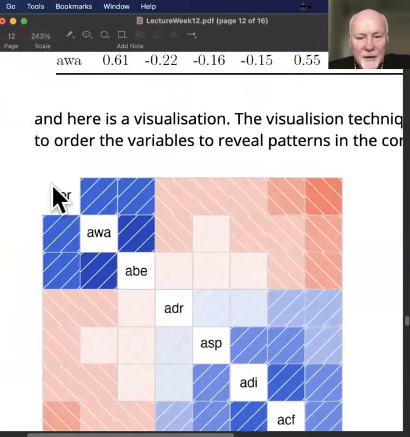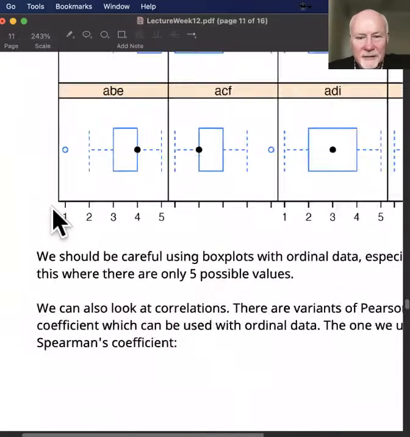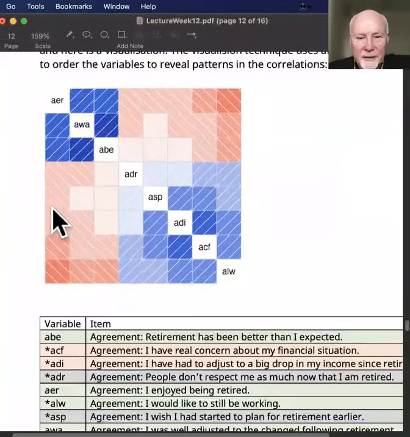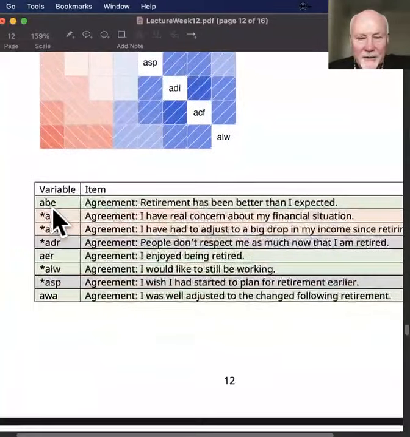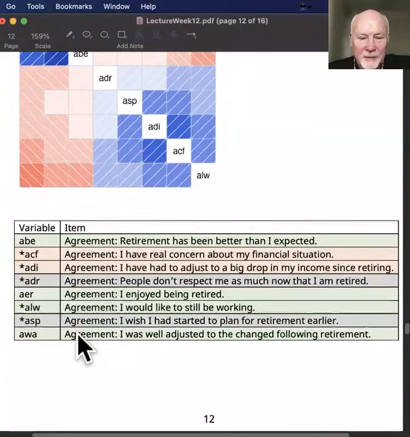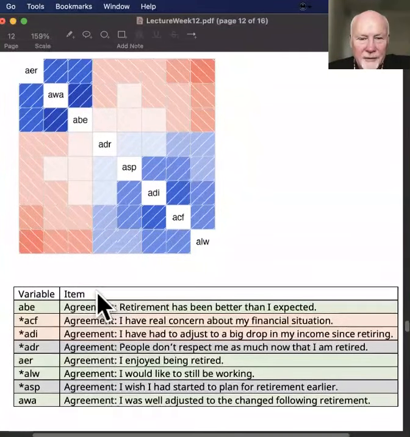of general satisfaction questions. Let's go back to the question. Actually, I'll put them down the bottom. What is it? AER, AWA, ABE. Retirement has been better than I expected. AWA is I was well adjusted. ABE, sorry, that's ABE to the bottom.